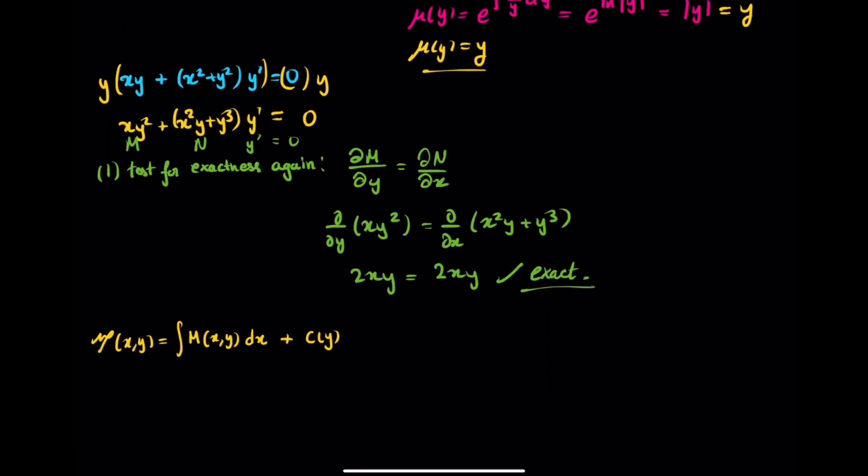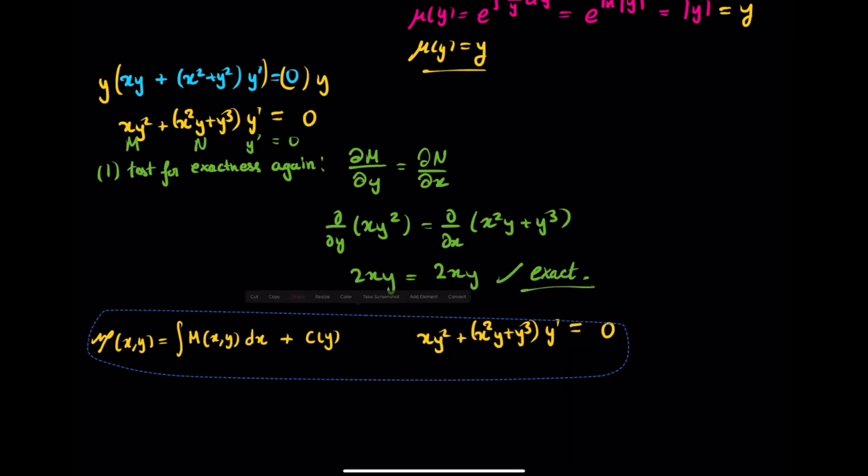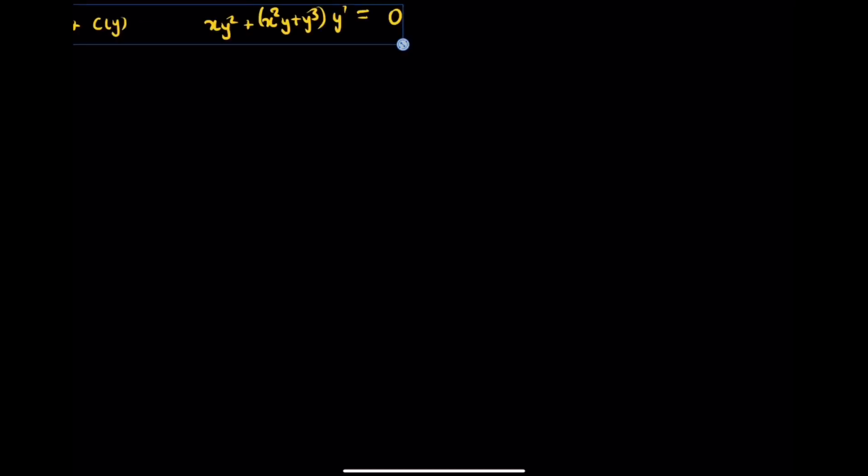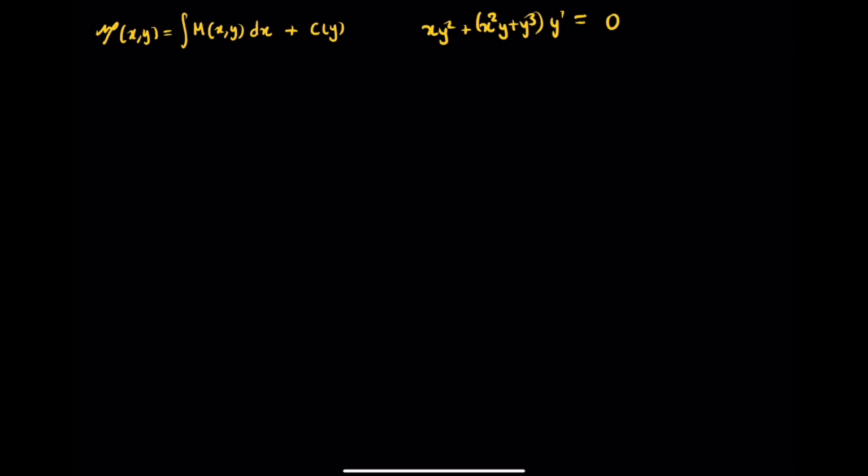Our new exact equation is this thing, because we multiplied it by y. So this is our new exact equation, and let me put this on a new page. This is our new M, N, y prime. These two are both the new ones, adjusted after the integrating factor, right?